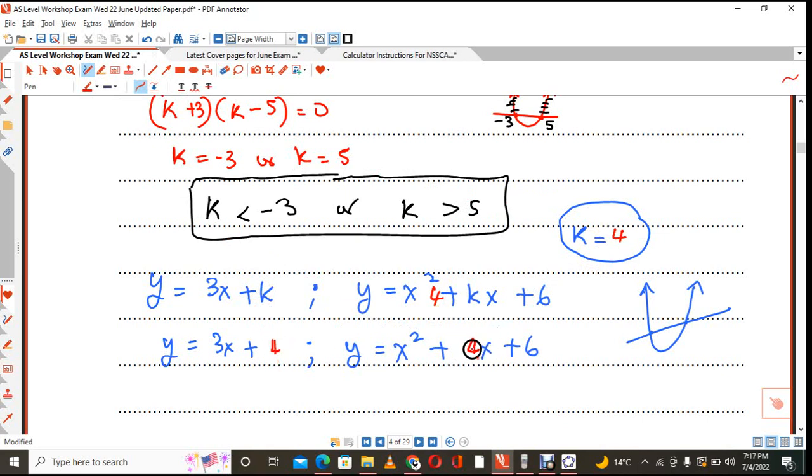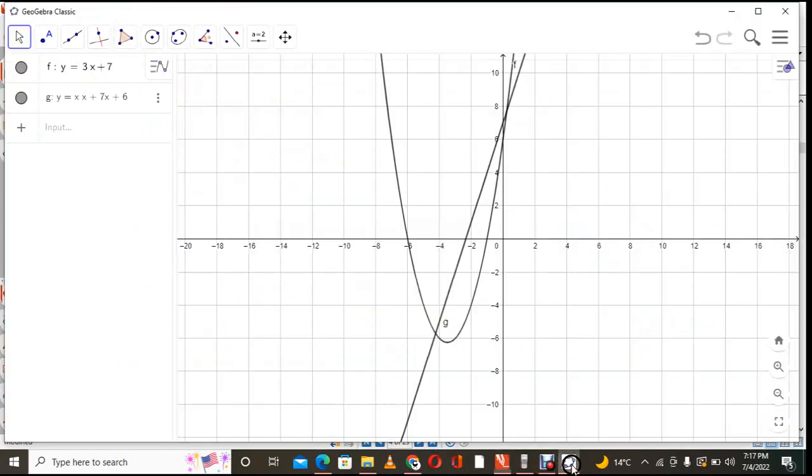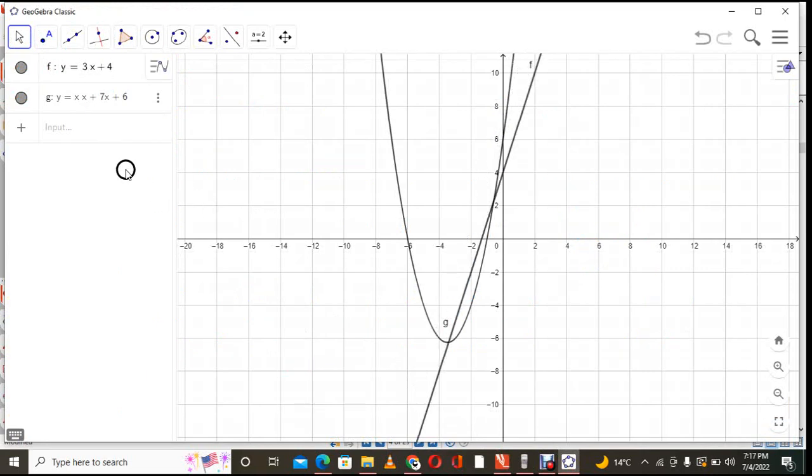That one I'll still leave as my k. All right, so let's have 3x plus 4 and that graph like that, and let's see. And you will see that they won't intersect. So if I go here, that becomes 4. And if I go here, that becomes 4.